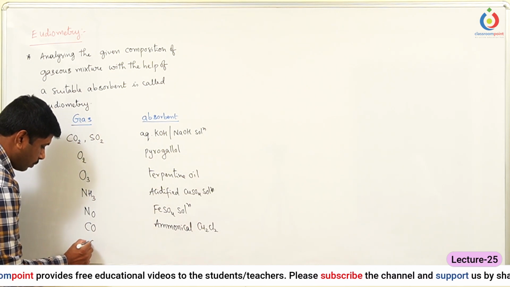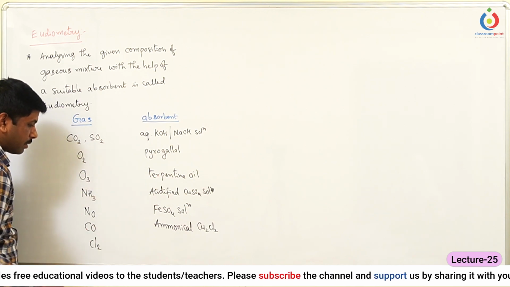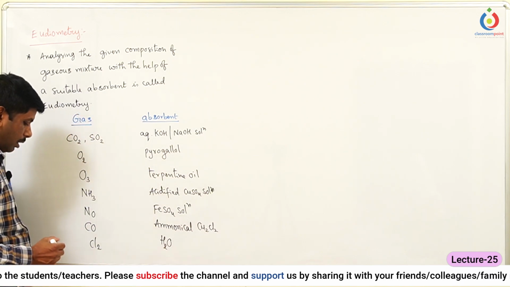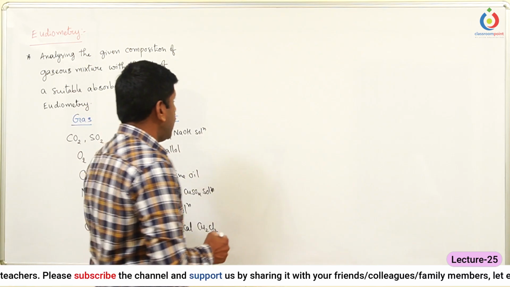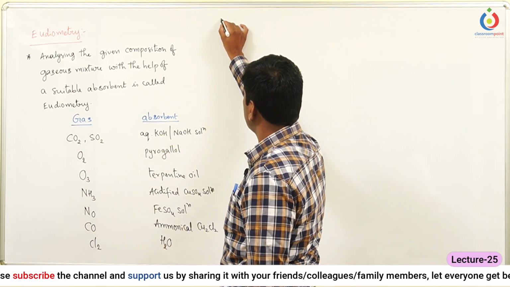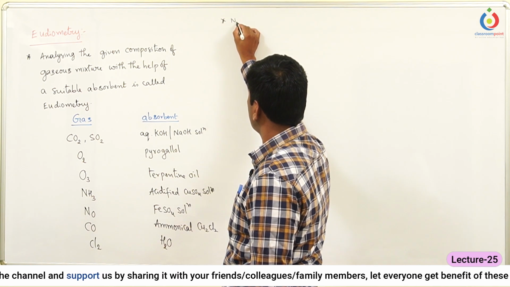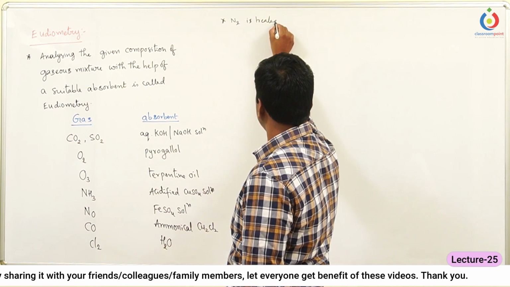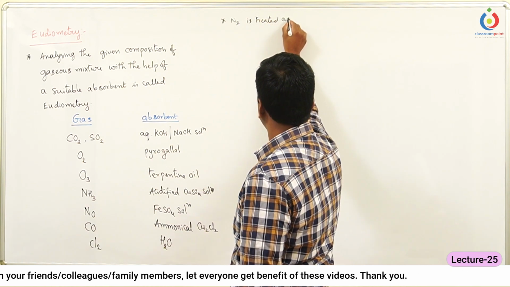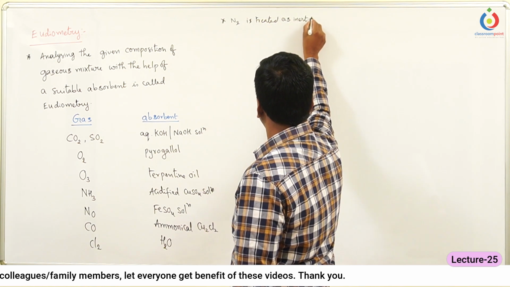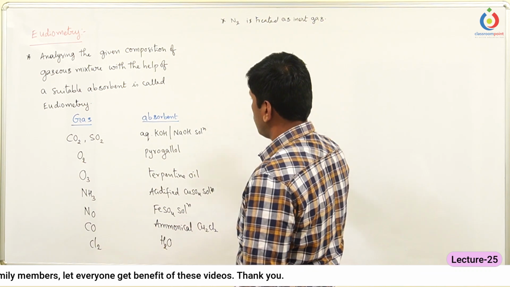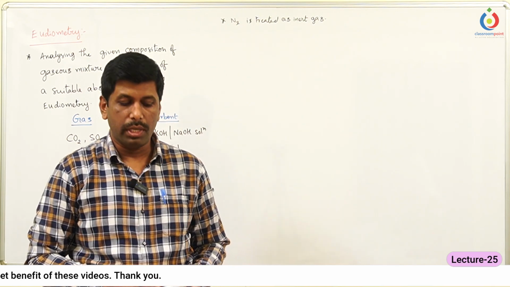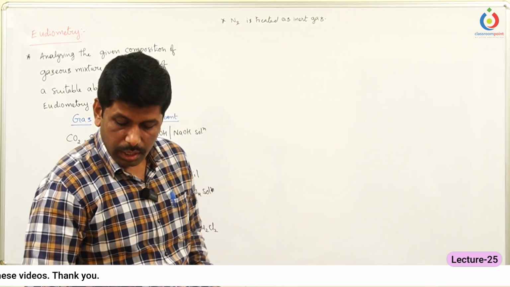And the last one, if you take chlorine gas, it has to be absorbed by water. So these are the gases, and whenever you take nitrogen, N2 is treated as an inert gas. So N2 gas we should not consider. Even if it is present, we have to treat it as an inert gas.